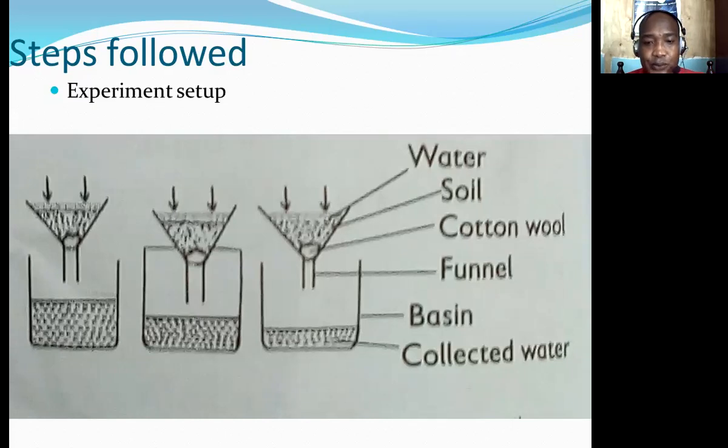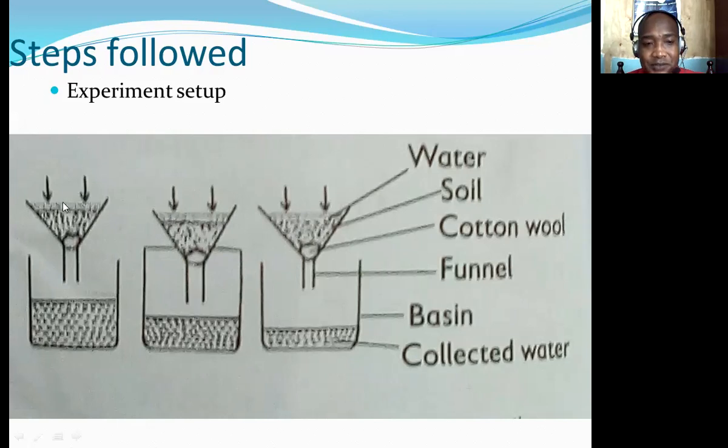If you look properly, at the bottom of the funnel, we have cotton. You can see cotton in every funnel. Then in every funnel we have soil, so that at the top water has been poured.